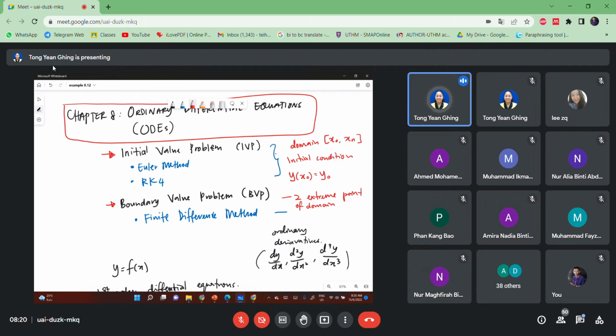So it will be given the y naught value when x is x naught, and also the yn value when x is xn. These two values are given. That means we have to find the points in the middle. So we go directly to the boundary value problems.